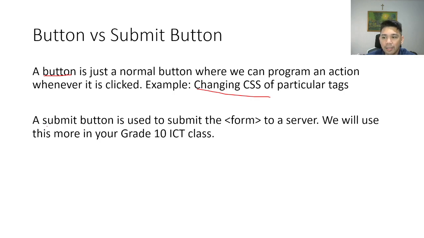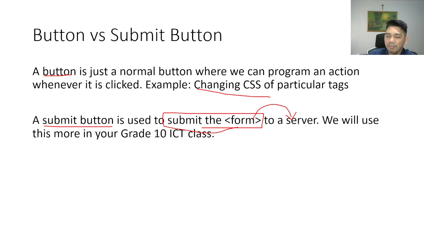On the other hand, a submit button, the purpose of it is very different. The submit button is used to collect different information that you placed inside the form, and then submit that one. You submit the whole form into a server. And then on the side of the server, that's where computations are created and done. Whatever the output of those calculations, it will just be returned back to the web page.